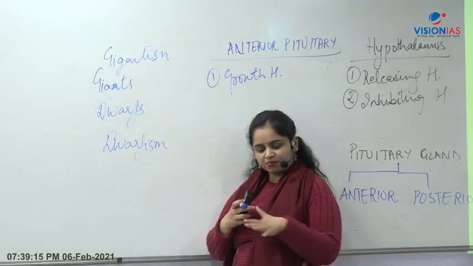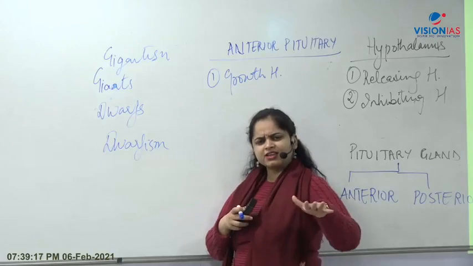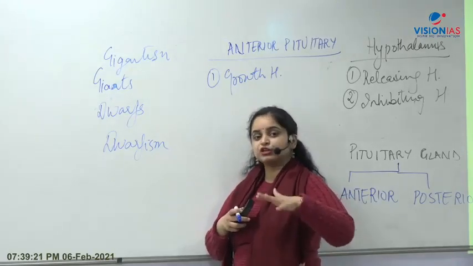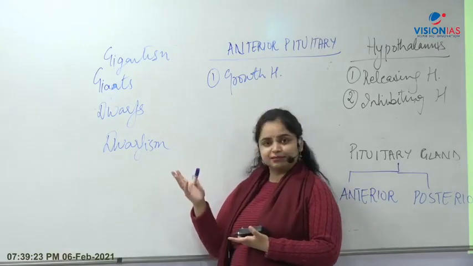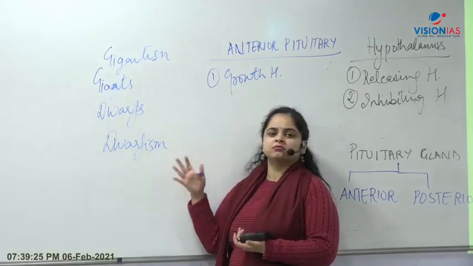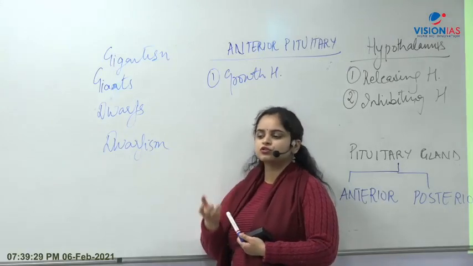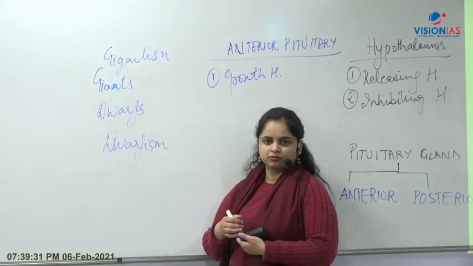Or all those people in the circus or anywhere else, the dwarfs, or the little people, they are so because of the absence of or the reduced amount of growth hormone.